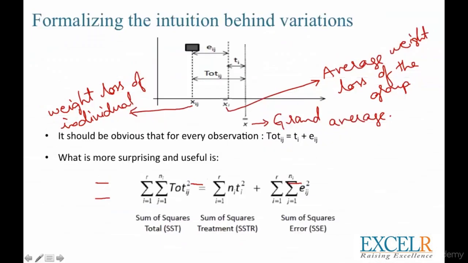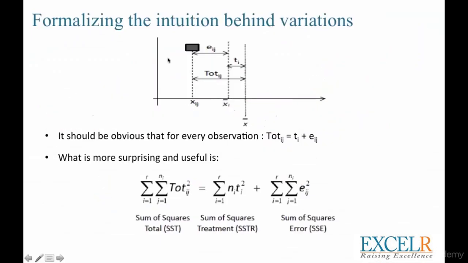And that is exactly what it means, right? And the difference between the average weight loss of one group versus the grand average is given using a term called Ti, which is treatment. If you don't like Ti, give some other notation. That's absolutely fine. And the total ij is given using Eij plus Ti, the total distance.